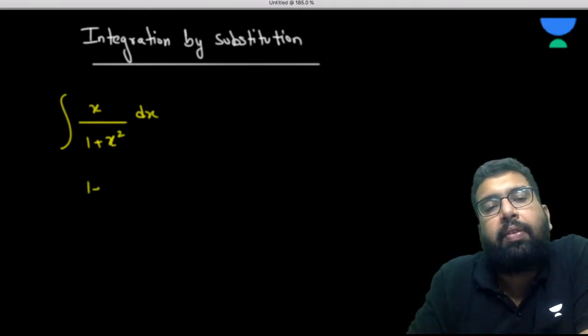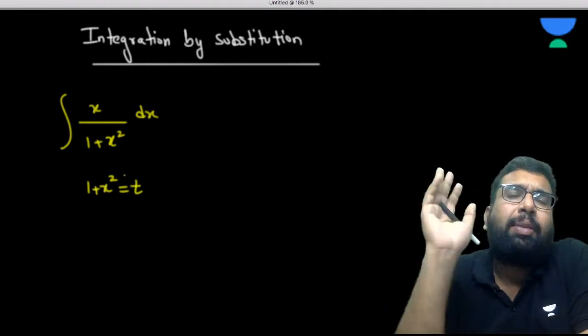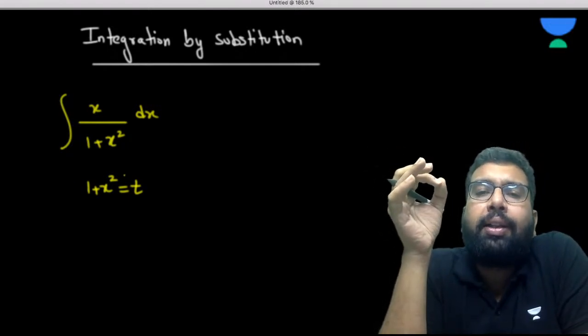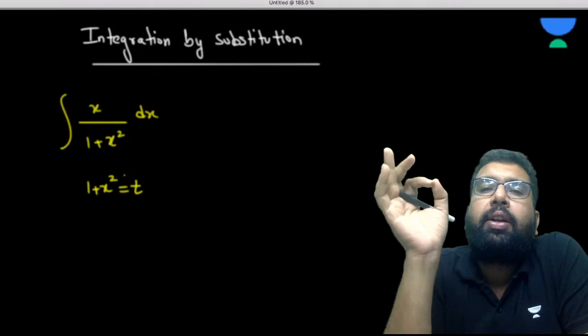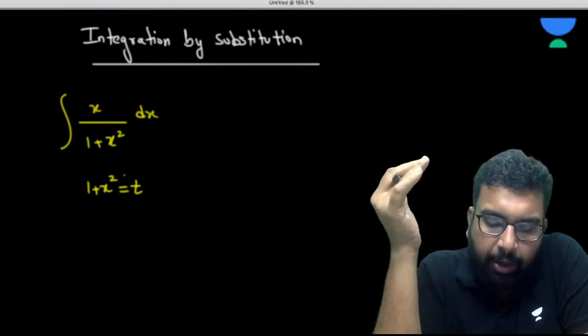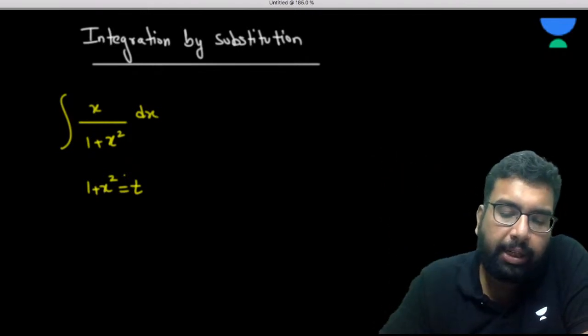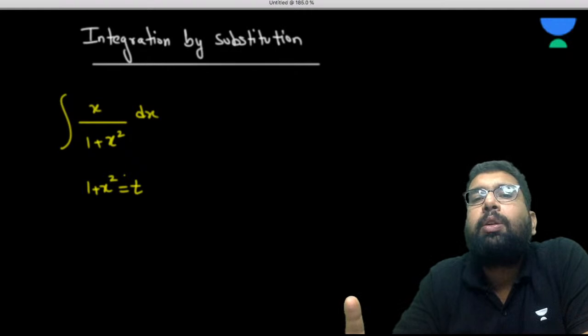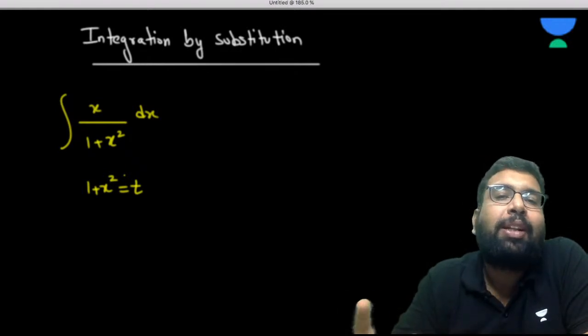Here I write 1 plus x square is equal to t, so I am substituting this denominator by t. For NEET level, if you are stuck in some integration question or kinematics question where you require integration, just check by substitution, and in 99% of the cases the substitution will be the denominator.